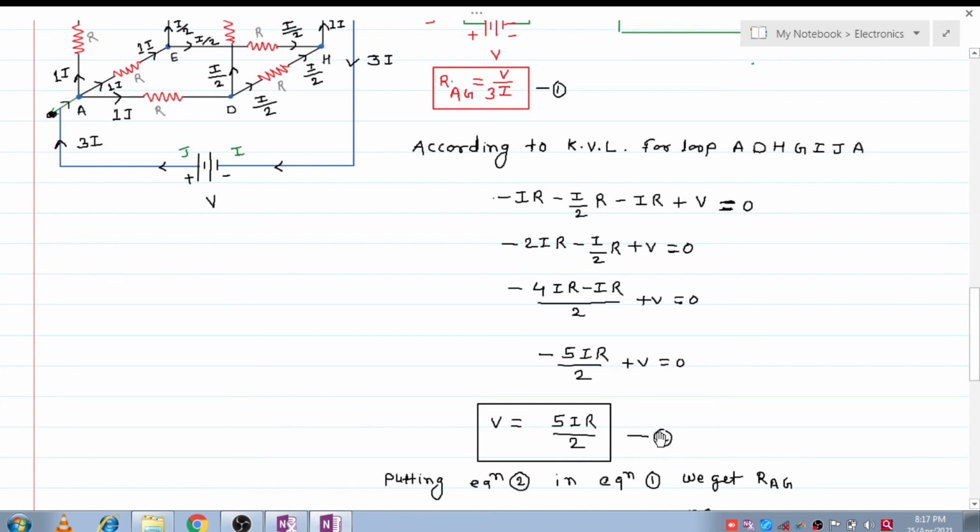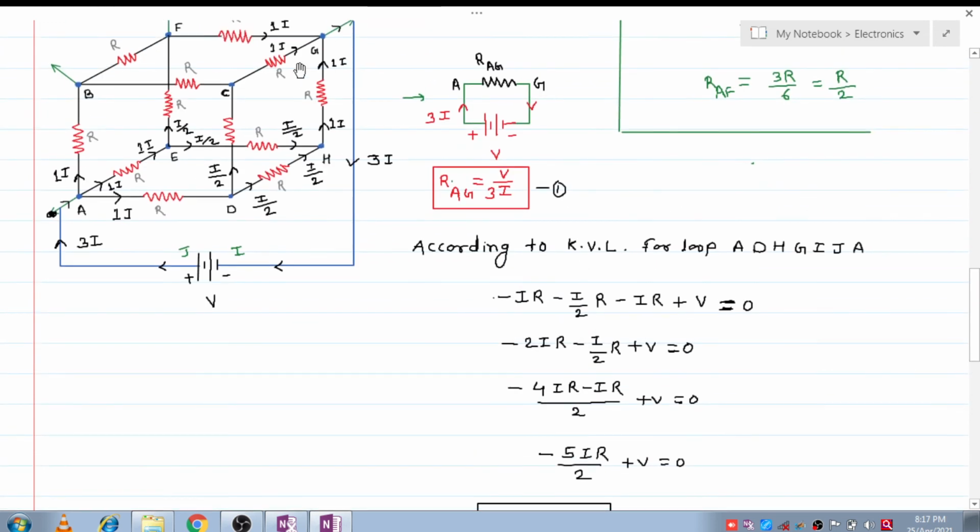So putting equation 2 in equation 1, this voltage we are putting in equation 1. So the resistance across the diagonal of the cube, that is R_AZ, is equal to V by 3I.